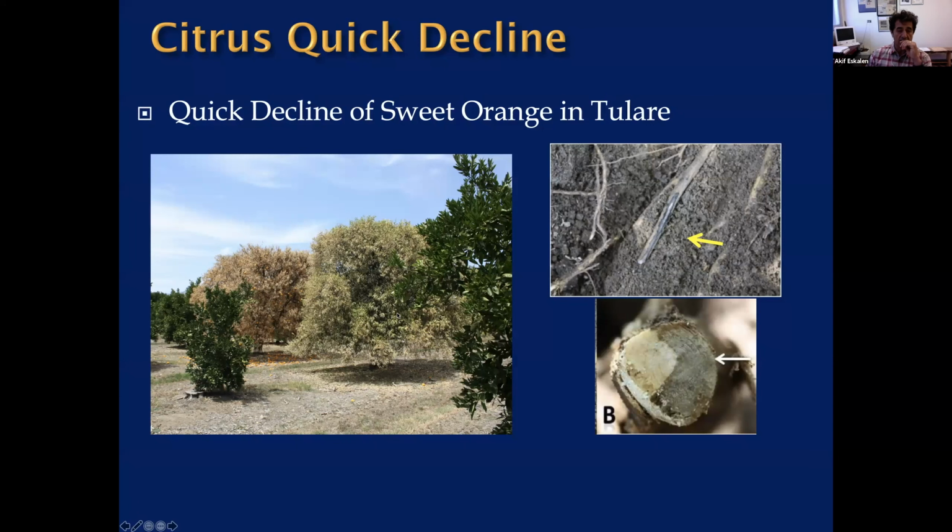They wanted to identify the causal agent. So me and another extension specialist, Dr. Georgios Vidalakis, a virologist, did a quick survey in quick decline showing areas in Tulare to identify the primary cause of this problem at that time.